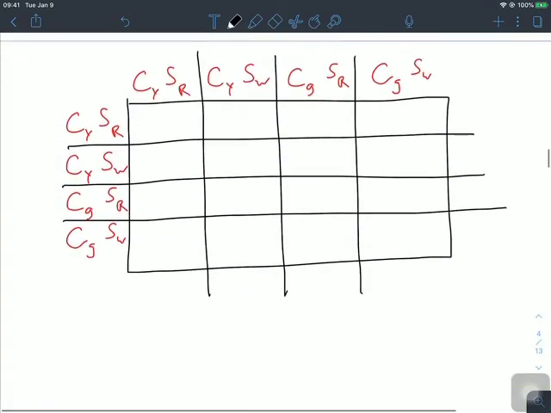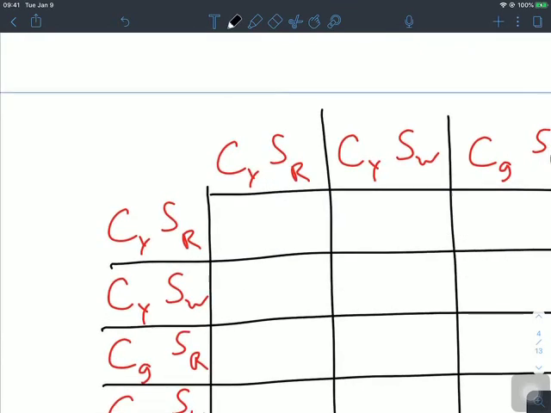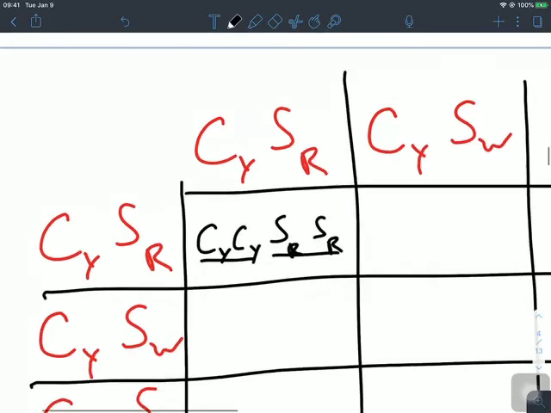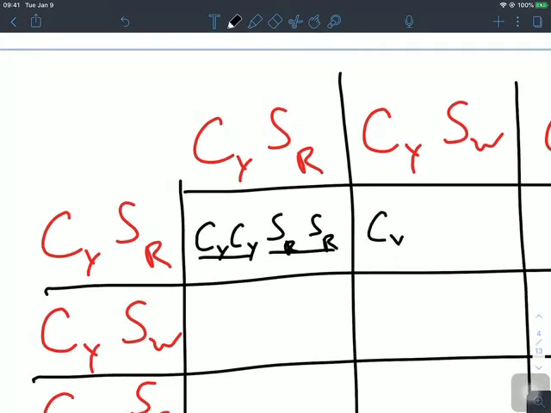So, looking at our box here, this individual would be CY, CY, diploid for color, and diploid for shape. This individual ends up being yellow and round. Move to your next square, CY, CY, SR, SW.